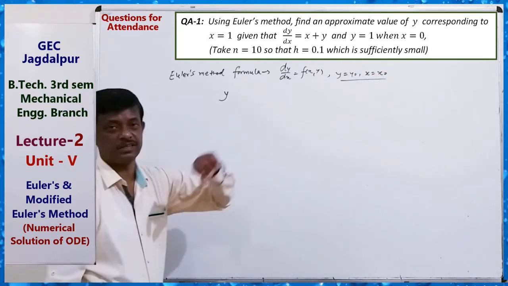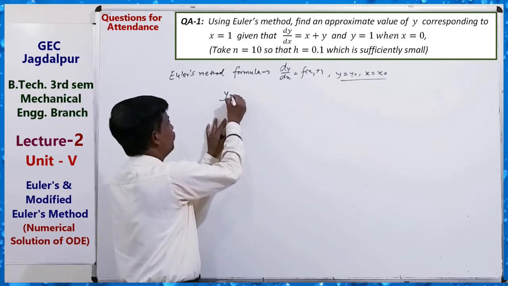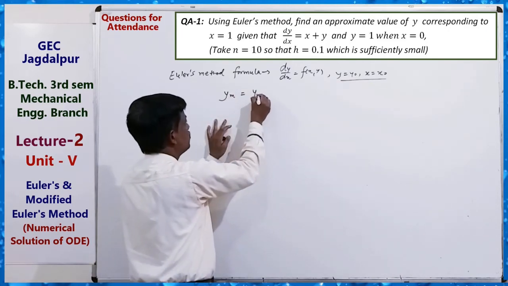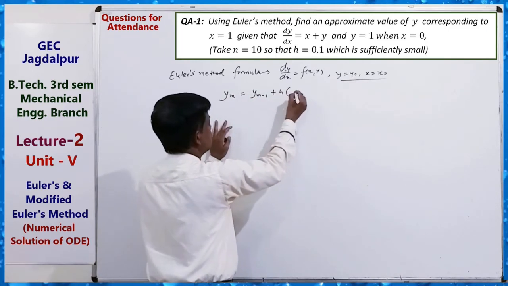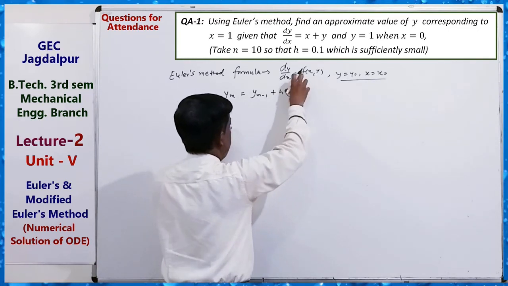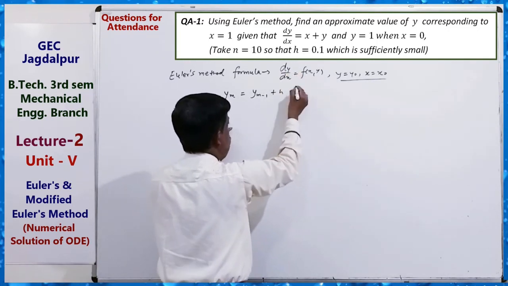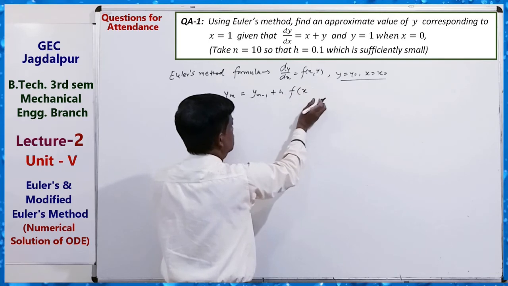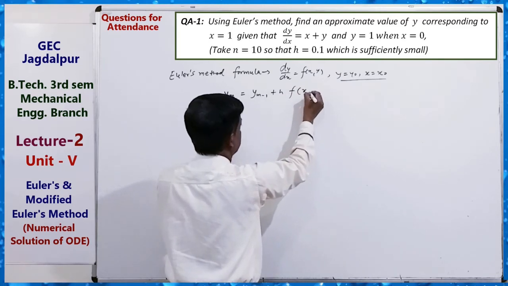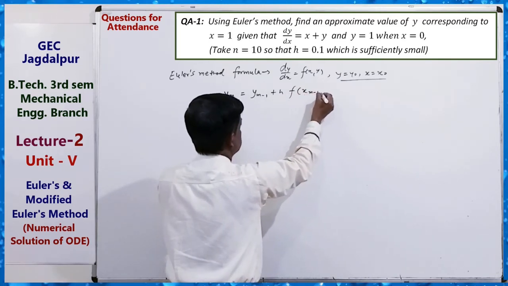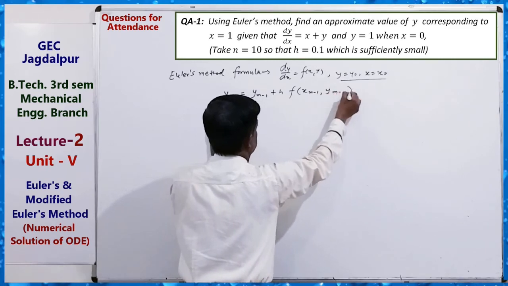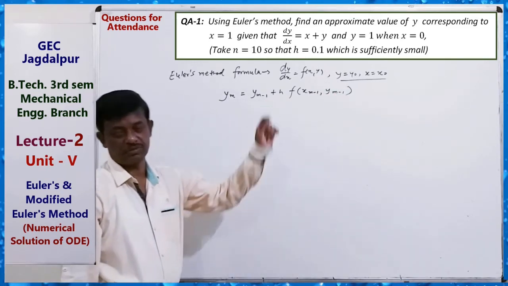For the initial stage, just ym equals to ym minus 1 plus h, use the slope here, f(xm minus 1, ym minus 1). This is the Euler's formula.